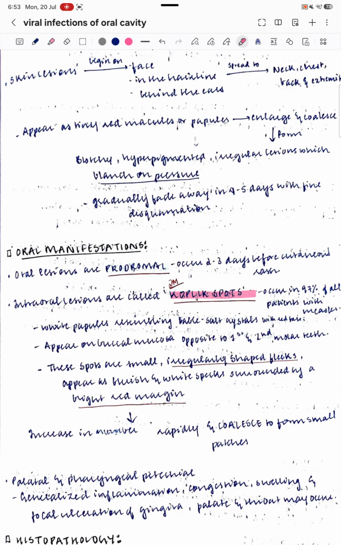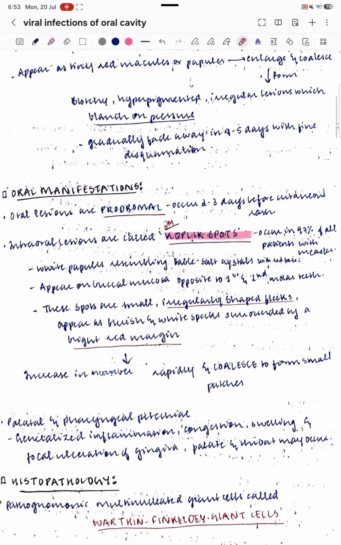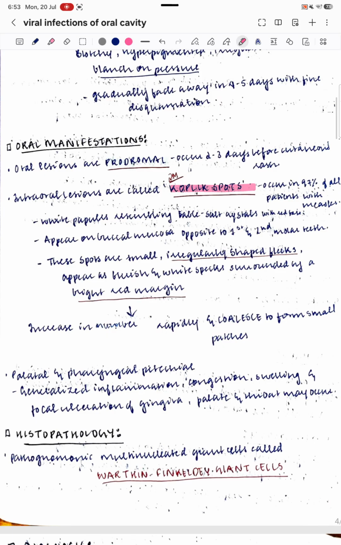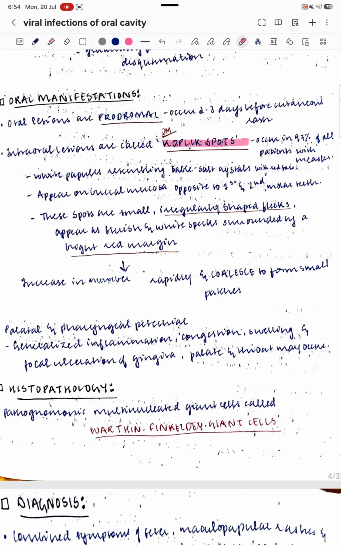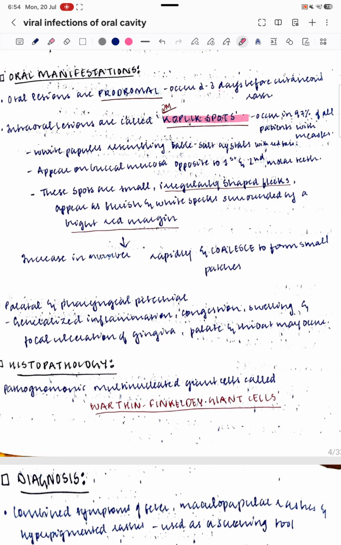These spots are small, irregularly shaped flecks and appear as bluish white specks surrounded by a bright red margin. So all this is the description of the Koplik spot.